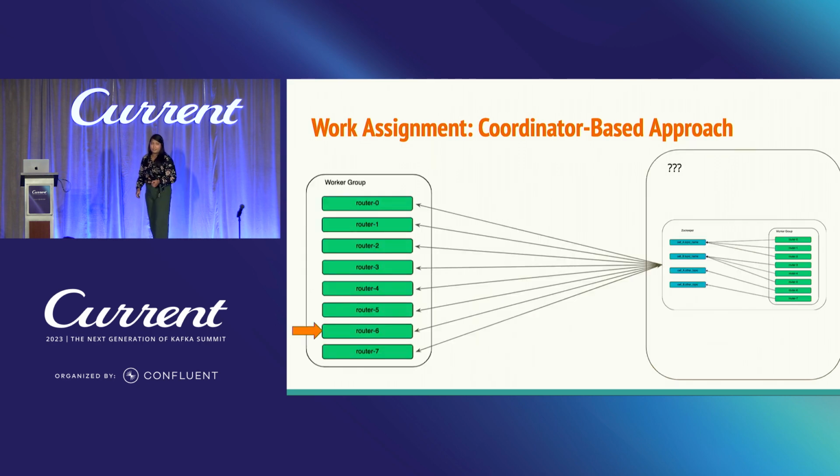Once that task assignment is calculated, it's going to place those assignments in some spot where all the other routers can see them. So maybe that's Zookeeper, maybe that's some other data store. And the exact algorithm for that is something we're still working out.